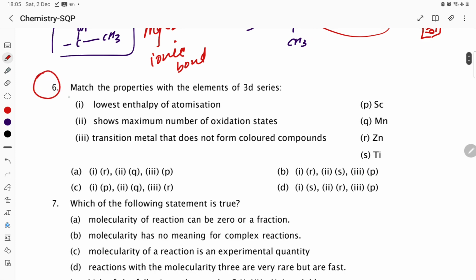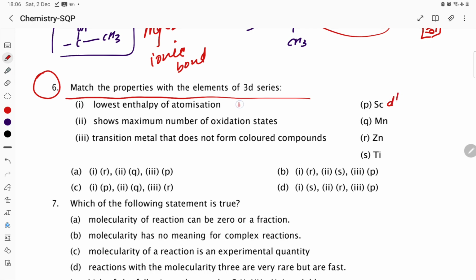What is there, student? Match the following properties. The lowest enthalpy of atomization: whichever has the least unpaired electrons has the lowest enthalpy of atomization. So scandium has only 3d1, student.